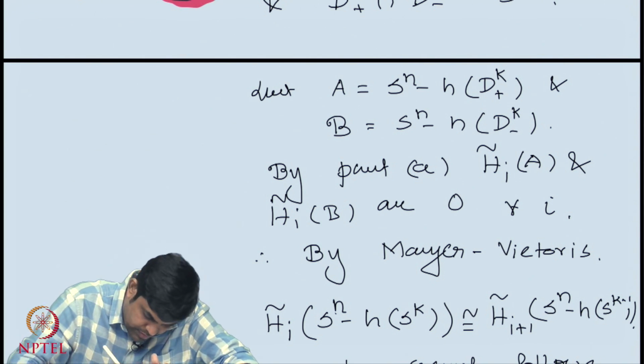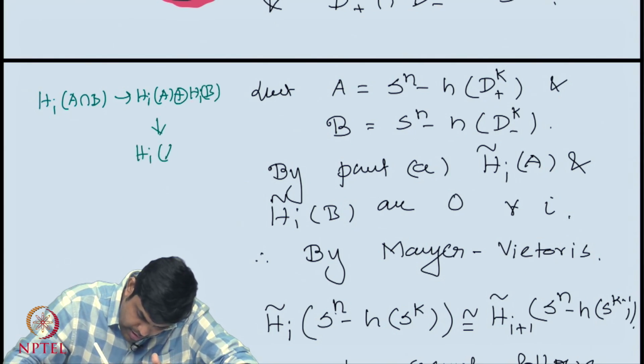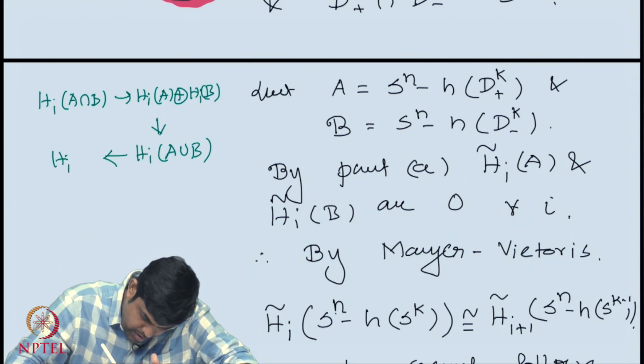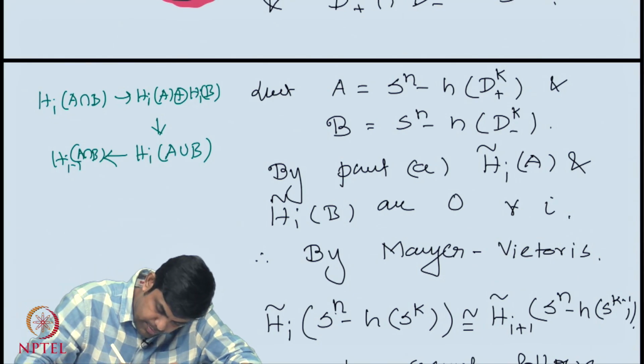So, the Mayer-Vietoris sequence will tell me that Hi of A intersection B goes to Hi of A direct sum Hi of B goes to Hi of A union B goes to Hi minus 1 of A intersection B, and so on and so forth. Now, so let me write it. This is Hi plus 1 of A union B.